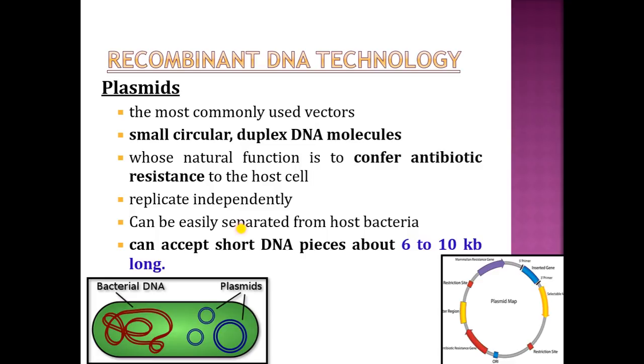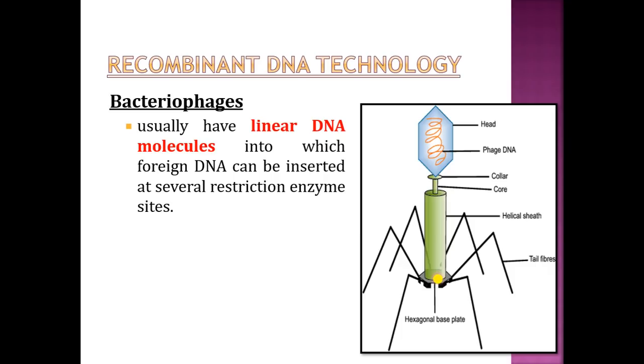But the only drawback of using plasmid as a vector is that it can accept only a short stretch of DNA, 6 to 10 kilobase long. That is the only drawback of the plasmid. The second vector used in recombinant DNA technology is a bacteriophage.